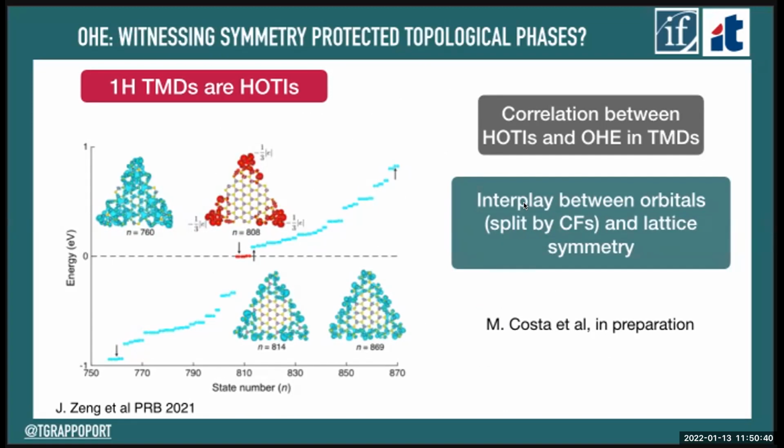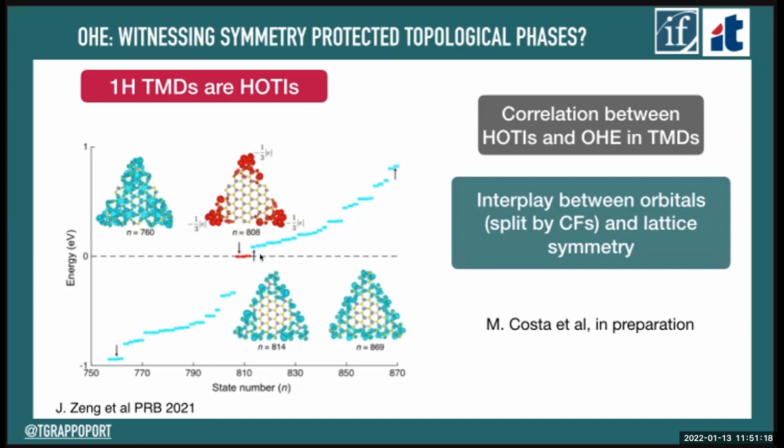So if you cut it in an armchair edge, and then you go inside the gap, you're going to see, inside the original gap, some almost degenerate states, as you can see here, and if you look at these states, the charge distribution will have these corner states like you see. So here is the spectrum of this finite system. And you have to do that with ab initio calculations.